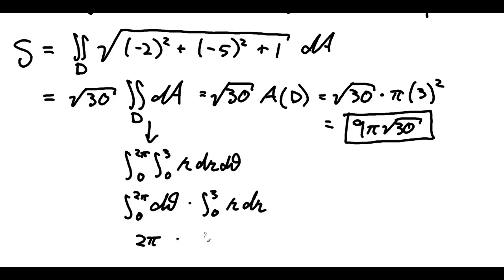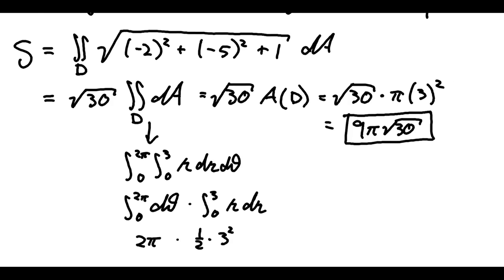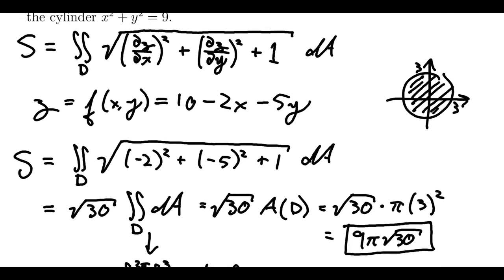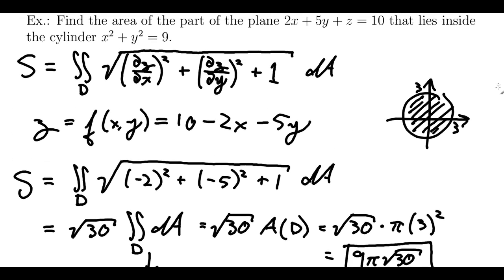We get a 2 pi here, and we'll have a 1/2 r squared evaluated from 0 to 3, which gives us a 1/2 3 squared there. The 2 and the half cancel. We've got pi times 3 squared. We get the same result over here. But if we use the geometry, we can get there a lot faster. So, that's just an optional approach or technique you can use in some of these problems that happen to simplify more cleanly than we might otherwise expect.